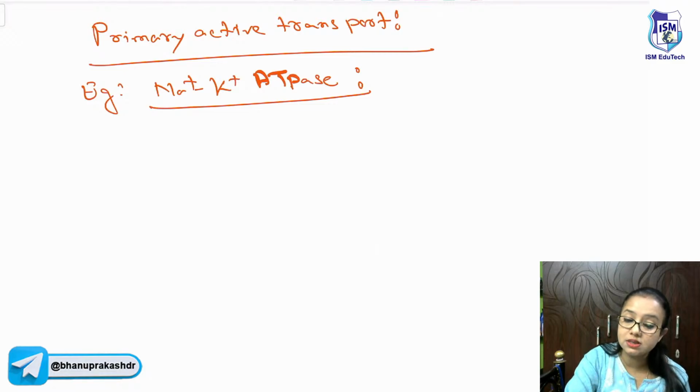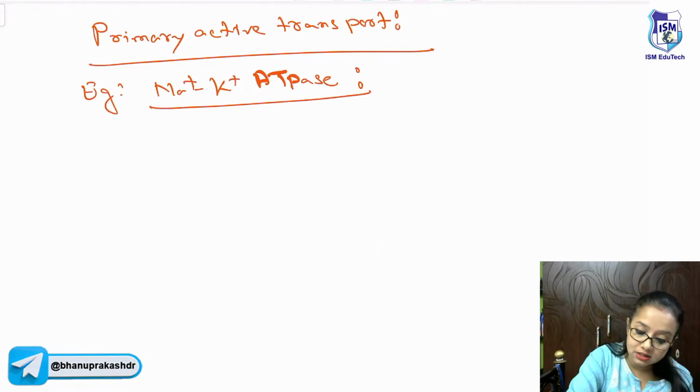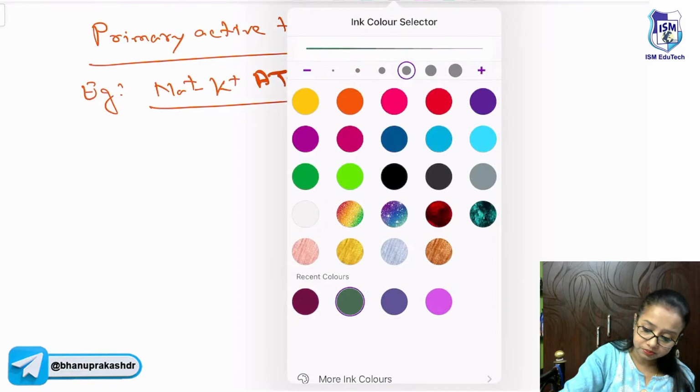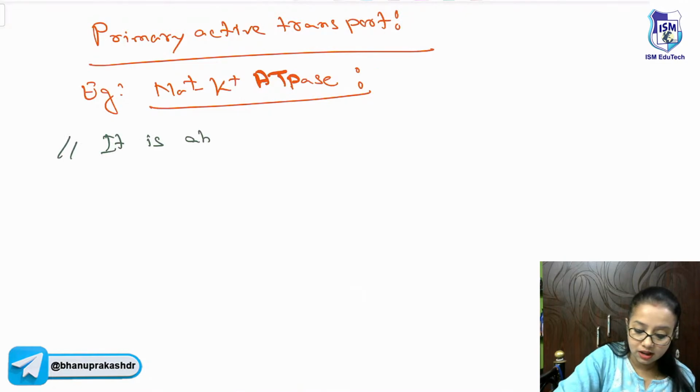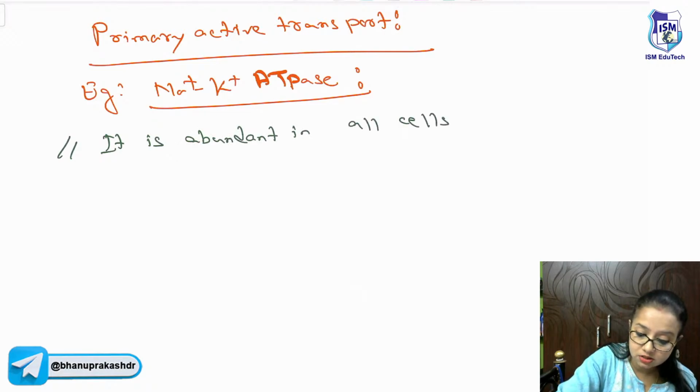Now, this sodium potassium ATPase or sodium potassium pump, what are the characteristics of it? First thing about this sodium potassium pump, we have to remember is it is abundant in all cells of the body.